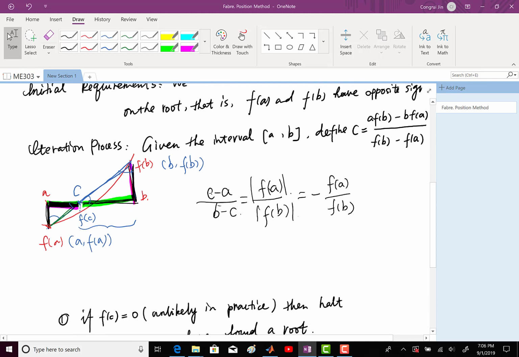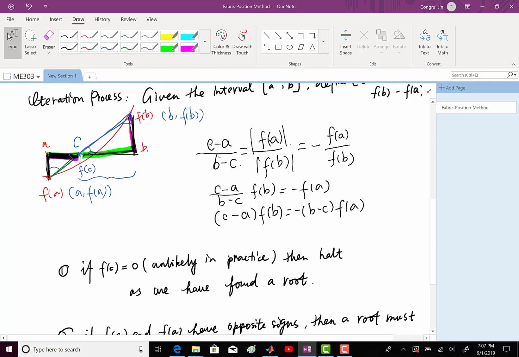All right, and then you can multiply f(b) on both sides. So this will be (c minus a) over (b minus c) times f(b) equal to negative f(a). Then we can multiply (b minus c) on both sides. So (c minus a) f(b) equals negative (b minus c) times f(a), right? Then we can move the terms with c to the right hand side.